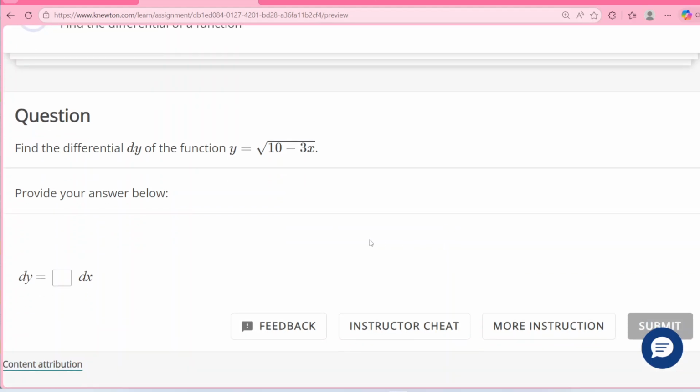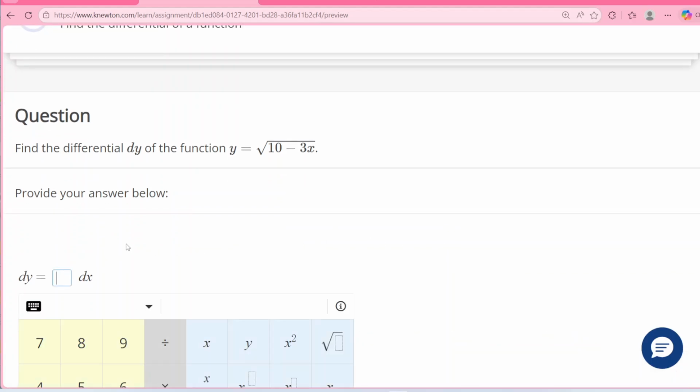All right, then another differential. So again, I'm just going to type it in. You're just filling in the blank with the derivative function, the derivative with respect to the input variable x. I've already got the dy equals, and then I'm putting in my derivative function times dx. Now think about this as 10 minus 3x to the half power.